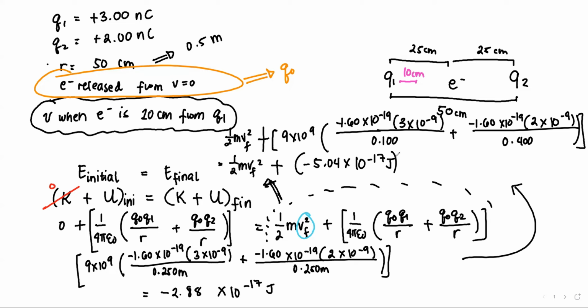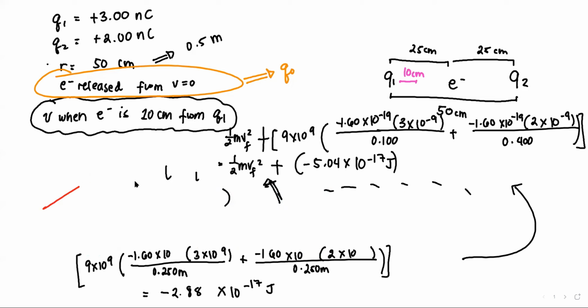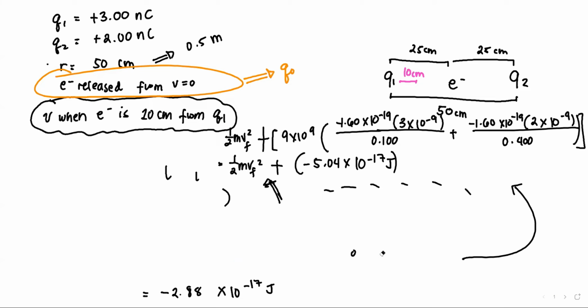We only need to get your 1/2 mv squared. So to get that, we need to have this square root. I think we can remove some of this. Just retain the answers here. Okay, so there we go.